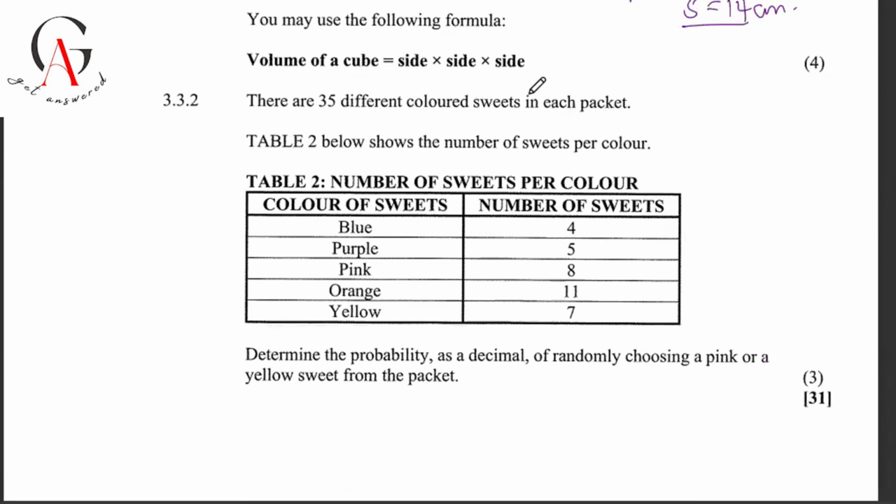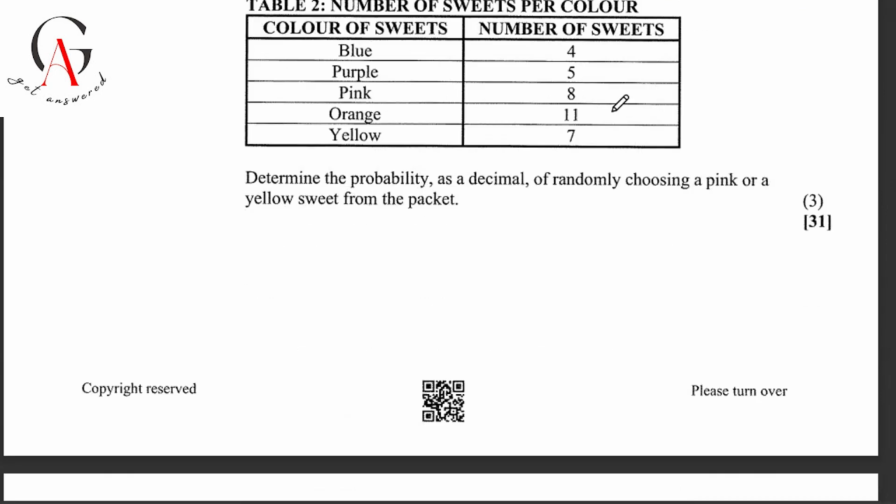There are 35 different colored sweets in the packet. Determine the probability as a decimal of randomly choosing a pink or a yellow sweet. That means we're going to add pink and yellow. Pink, there are 8 plus 7 out of the 35.